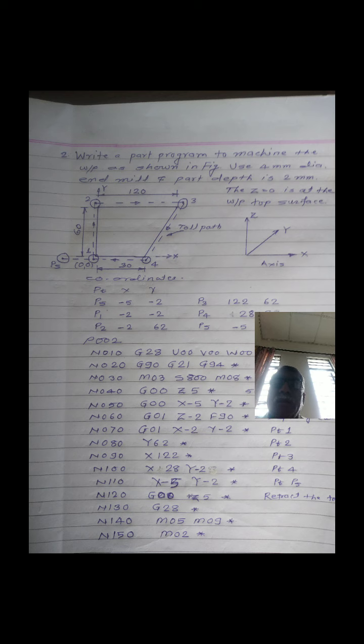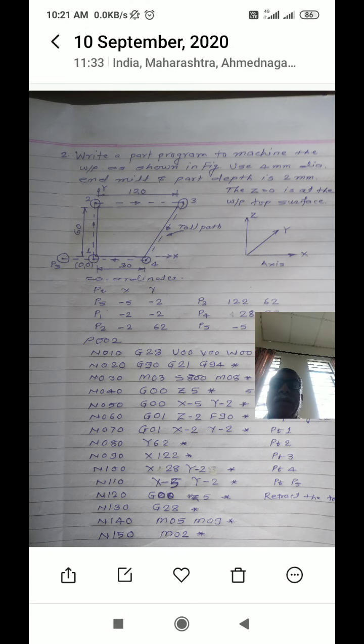Then from point 2 to 3, move the cutter along the x-axis. Therefore, for the coordinates of point 3, considering the radius of the cutter, the length is 120 plus 2. Therefore, the x coordinate of point 3 is 122. The Y coordinate remains the same, that is 62.